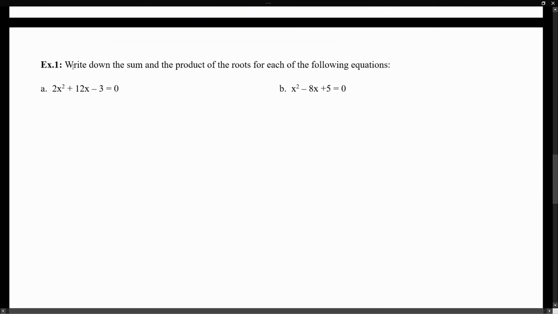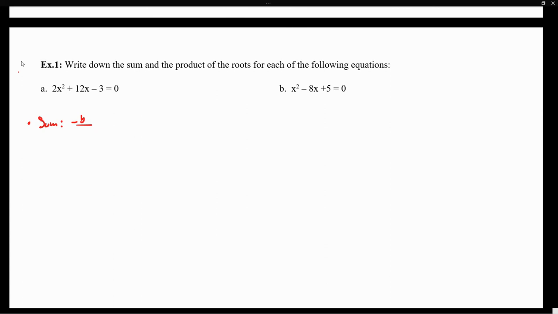Well, let's take a look at example 1. It says write down the sum and the products of the roots for the following equations. Well, according to what we have just discovered previously, I know that the sum, it's always going to be equivalent to minus b over a.